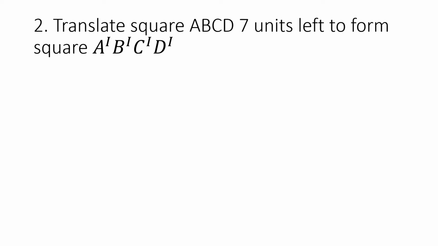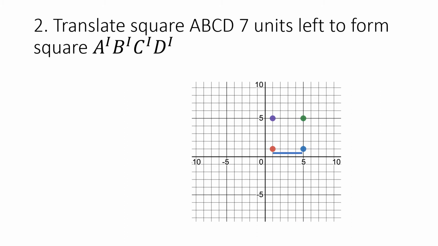So the question is asking us to translate square ABCD 7 units to the left to form square A prime, B prime, C prime, D prime. We're going to translate each point of the pre-image 7 units to the left. Remember, the shape and the size of the square will still remain the same.